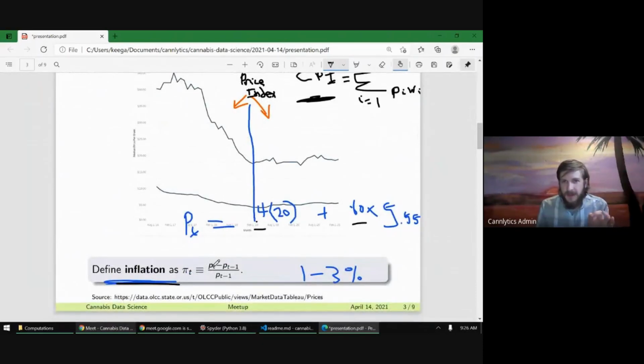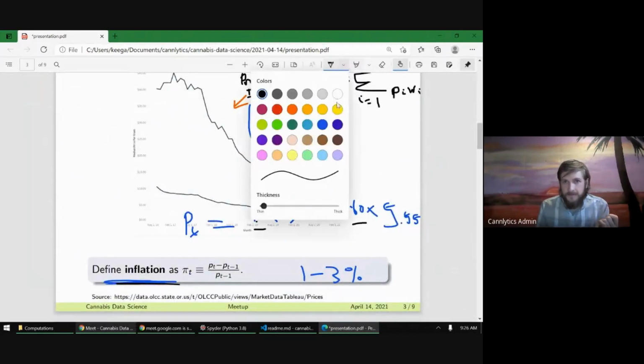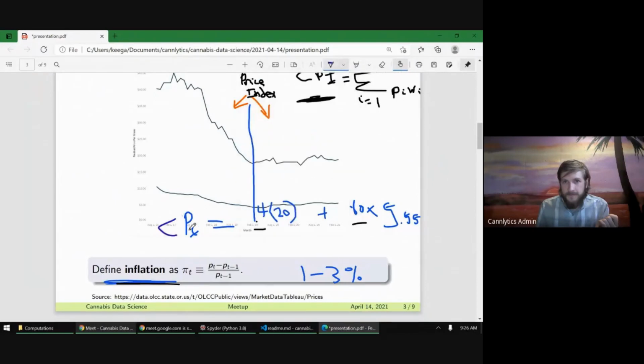And that would basically be the CPI at time t, minus the CPI at time t minus 1, divided by the CPI at t minus 1. And that's how you calculate inflation.